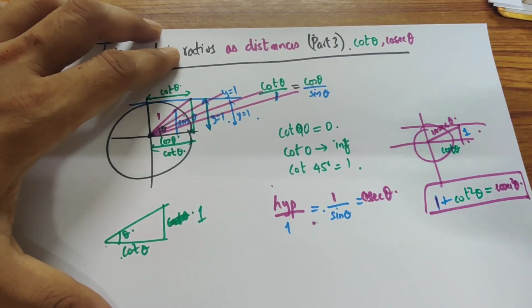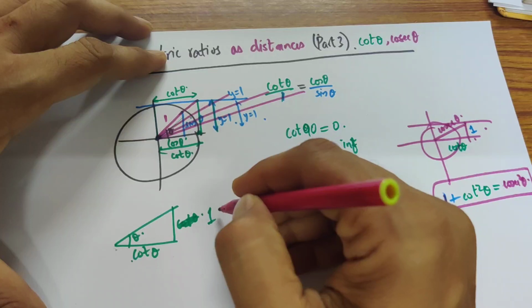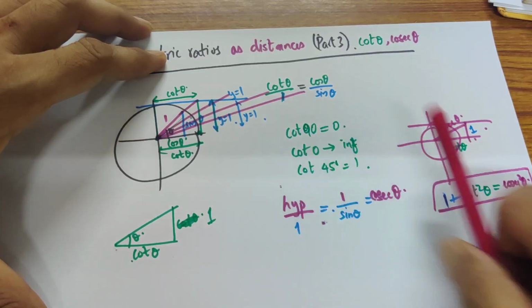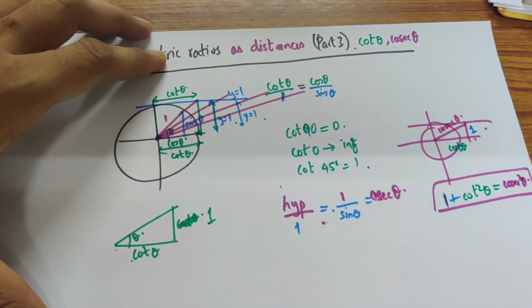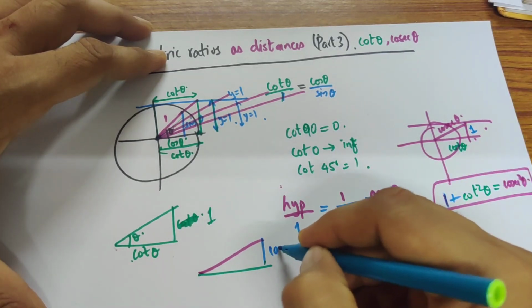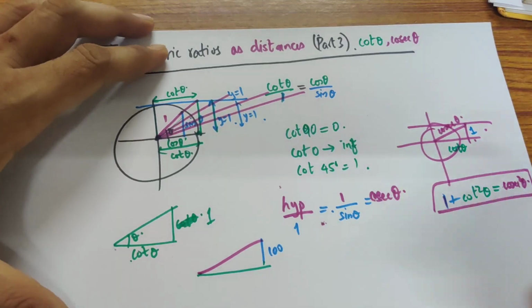And again, if someone gave you the opposite side, let's say they said this is 100, you have your triangle, and in your triangle this is 100, and this is theta of course. Then you can just scale the original triangle.